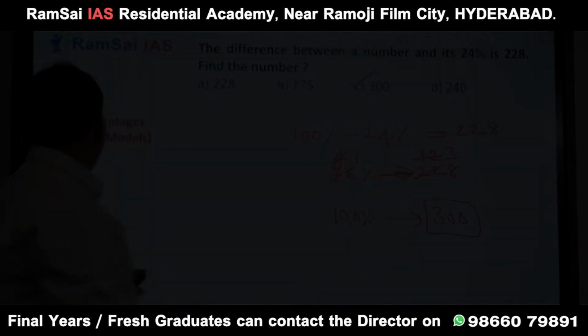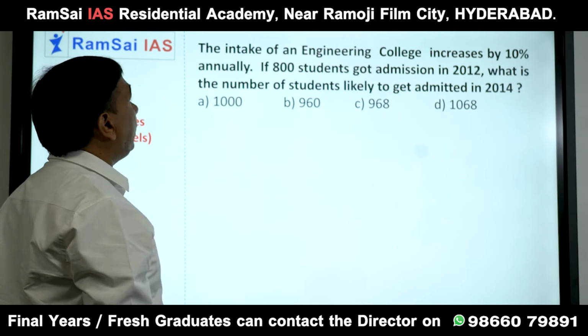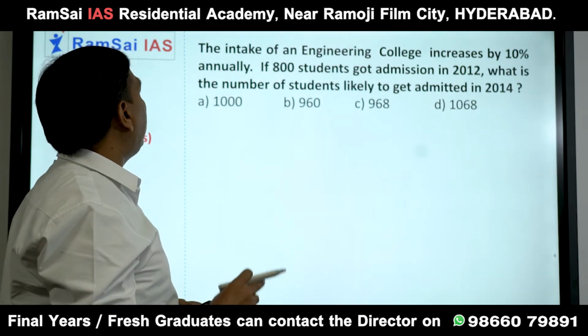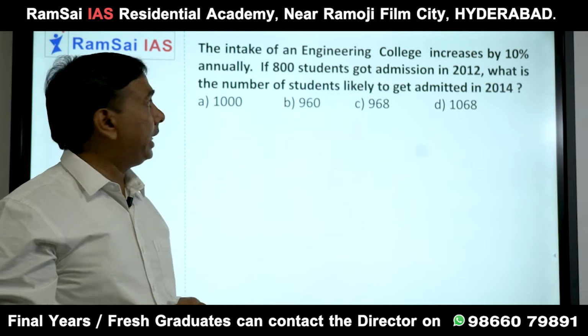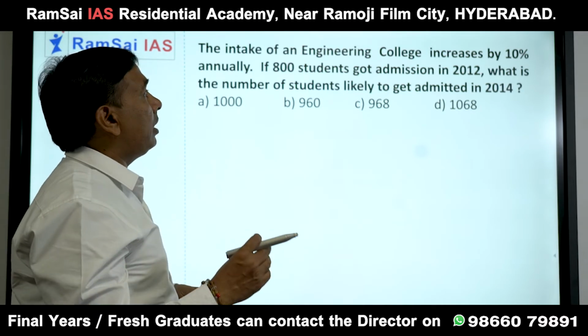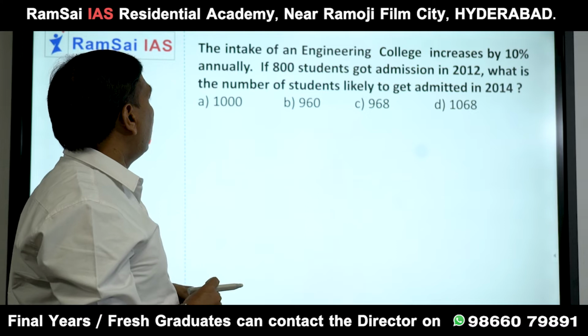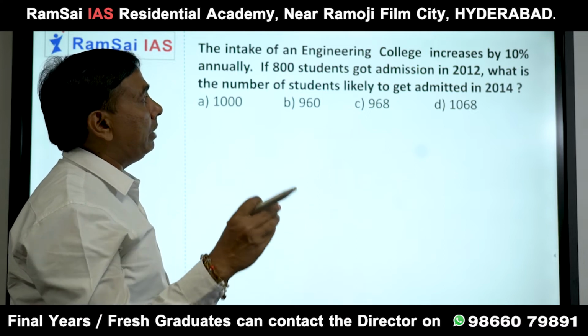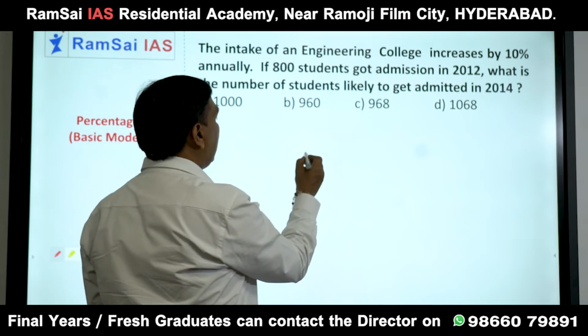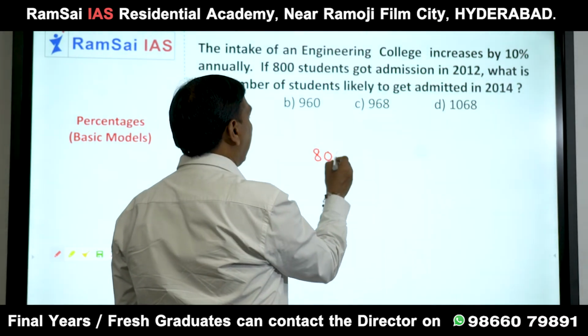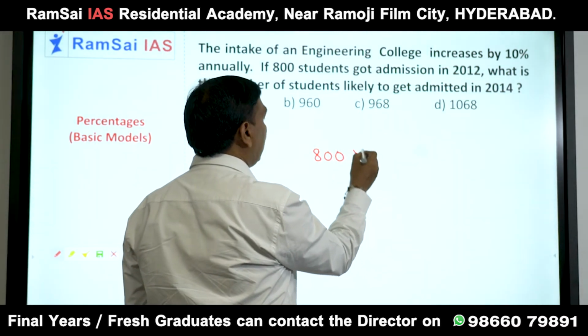So like that. The intake of an engineering college increases by 10% annually. Every year it gets increased by 10%. If 800 students got admission in the year 2012, what is the number of students likely to get admitted in the year 2014? Initially, there are 800 students in the year 2012.